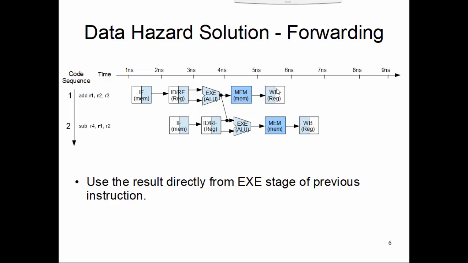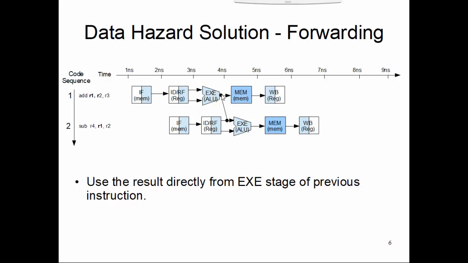But the updated value of R1 is available. The idea is that as soon as this value is available, we can forward it to the next instruction.